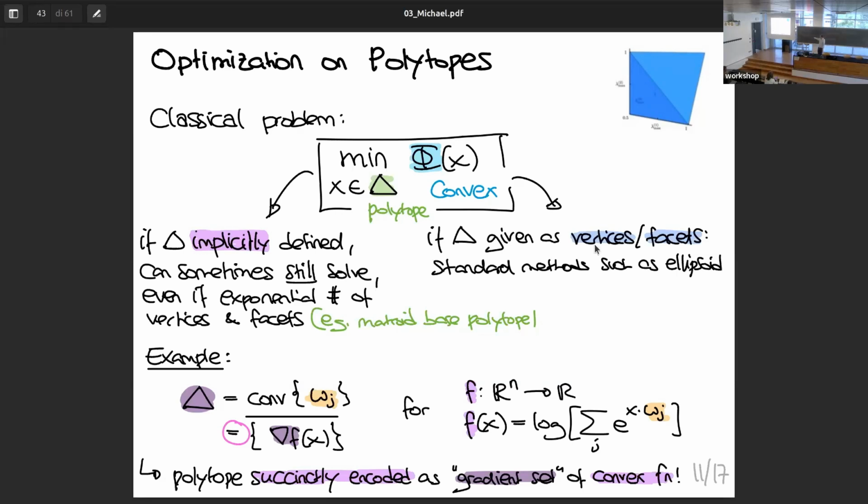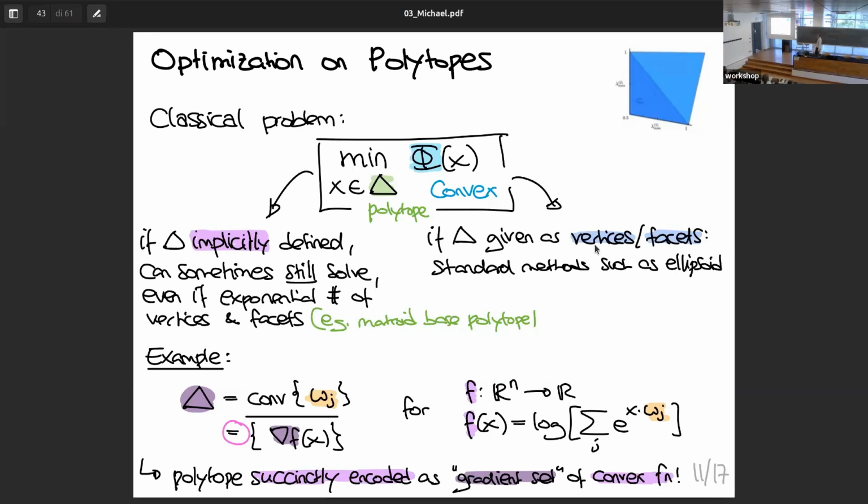So one way by which I could give you a polytope is by giving you such a function. Of course, I would not write it down this way, especially if there are exponentially many j's. I will just give you an algorithm or a formula or some mathematical description. Then the question is, can you solve interesting problems about the polytope given access to this function? You could say that the polytope is succinctly encoded, if f is a succinctly described function, as the set of gradients of this function.